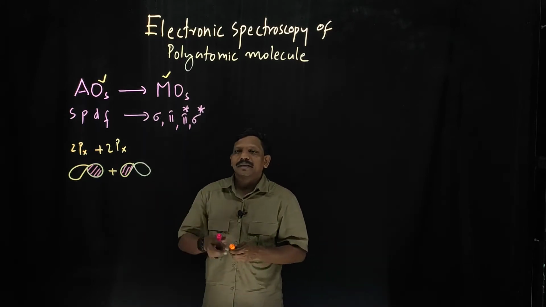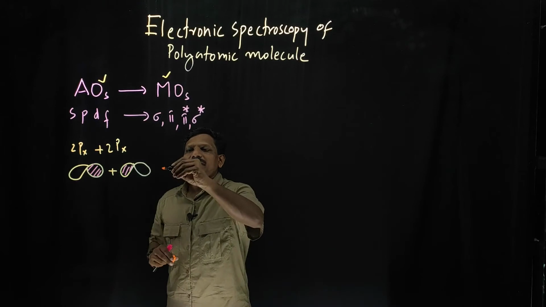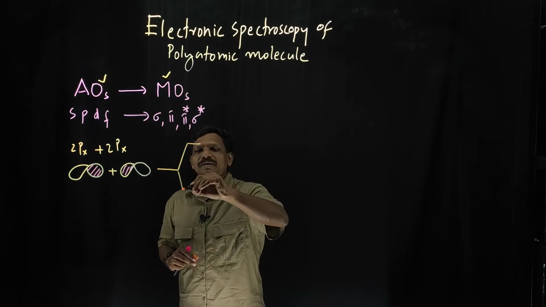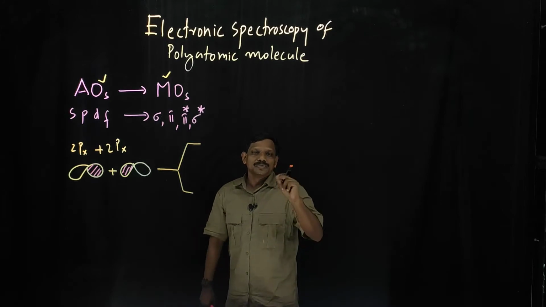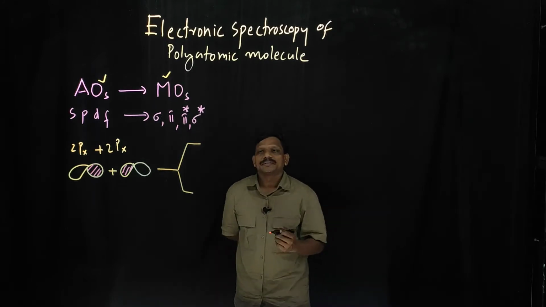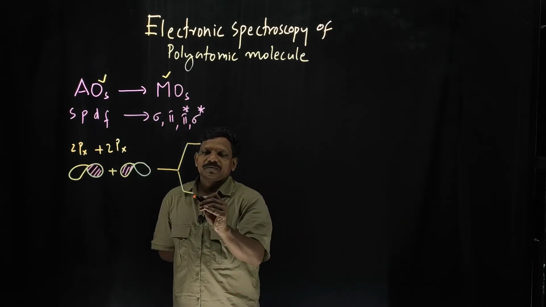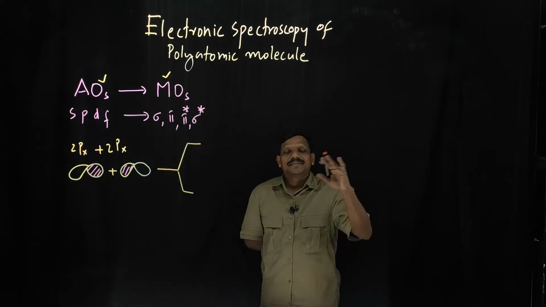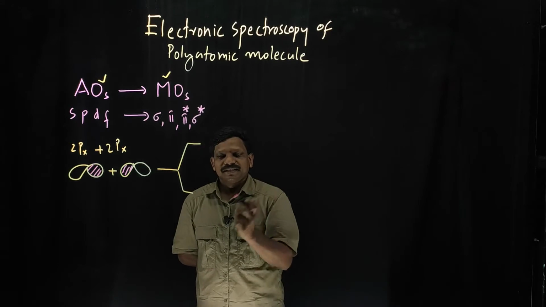When the two atomic orbitals combine, they result in two molecular orbitals. One will have the lower energy and the other will have the higher energy. So that is the concept.